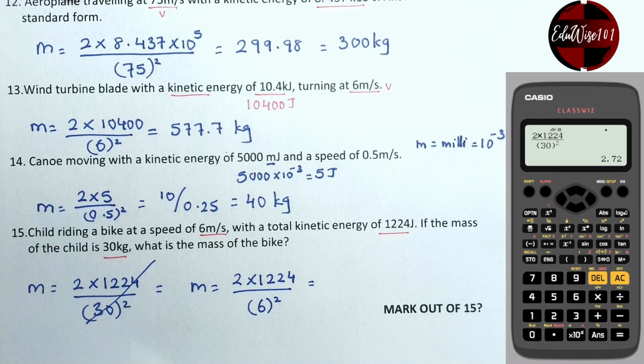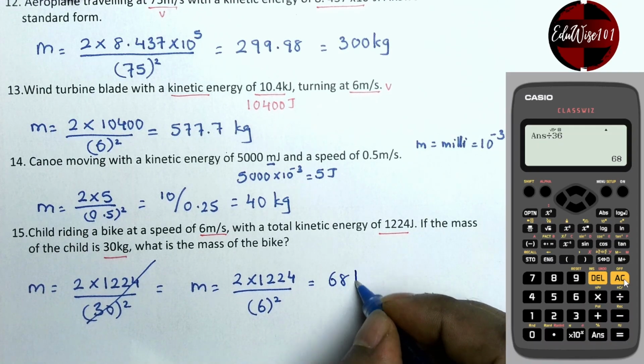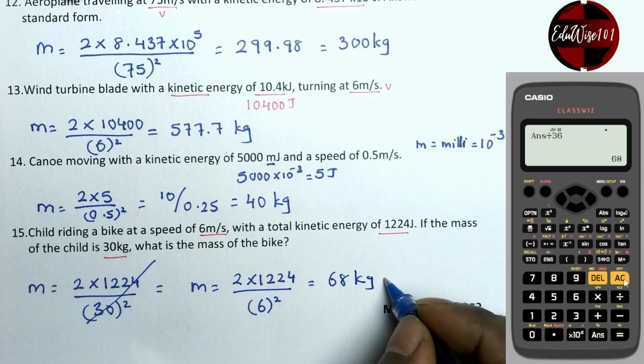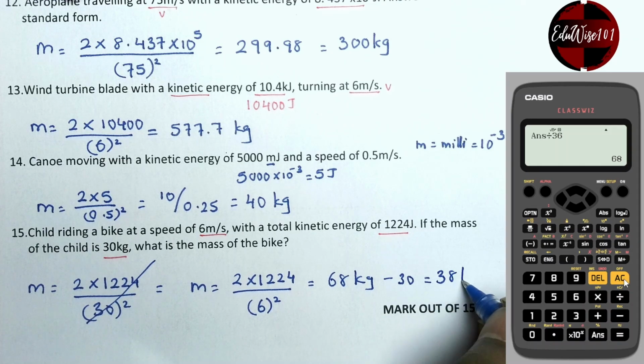So let's bring up the calculator again. 1,224 times 2 divided by 6 squared is 36. 68, that sounds right. Okay, 68 kg minus 30, that gives me 38 kilogram.